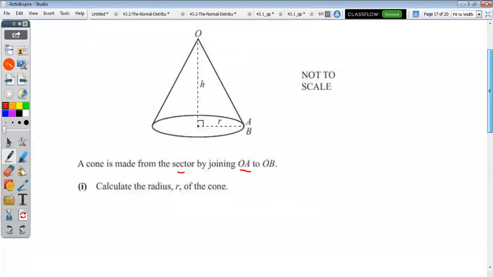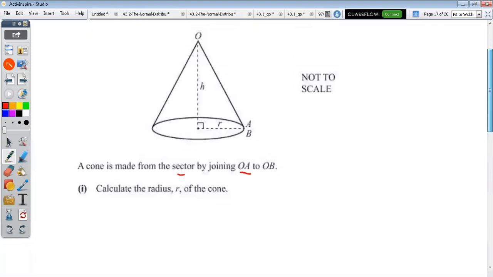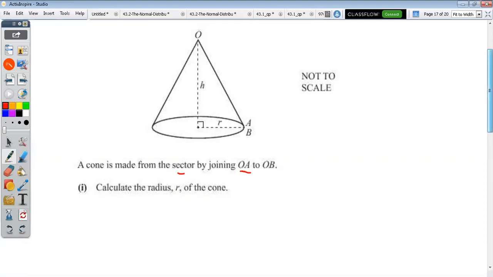Is it from the same person? My cone is made from the sector by joining. Calculate the radius of the cone. So how do you do that?